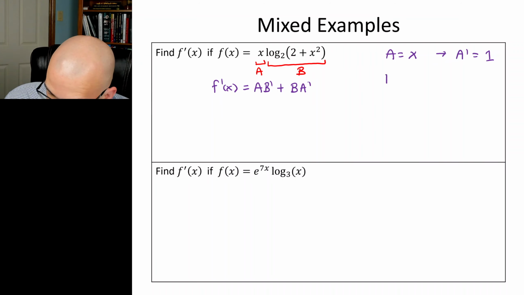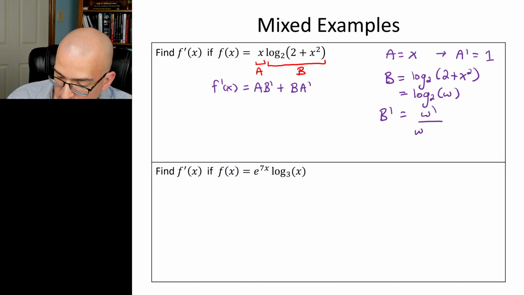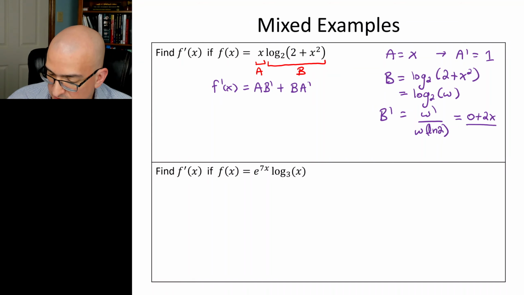B, more interesting, is log base 2 of 2 plus x squared. So we have a product rule with a special chain rule, the log chain rule, log base 2 of w. B prime will be w prime over w times the ln of 2, which is going to be 0 plus 2x, derivative of 2 plus x squared, divided by 2 plus x squared times ln 2.